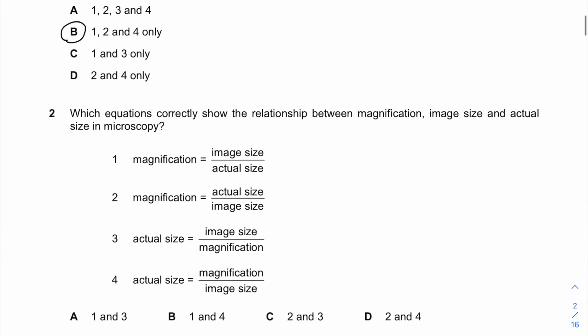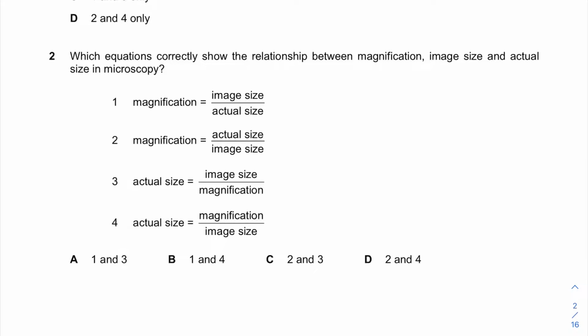Second question, which equations correctly show the relationship between magnification, image size, and actual size in microscopy? So always remember the triangle. IM. If we are looking for magnification, magnification equals image divided by actual size.